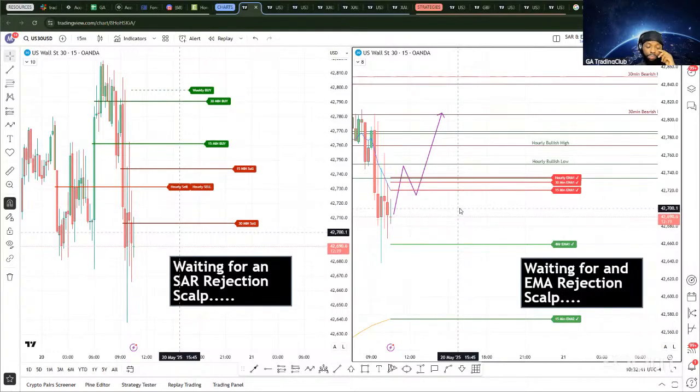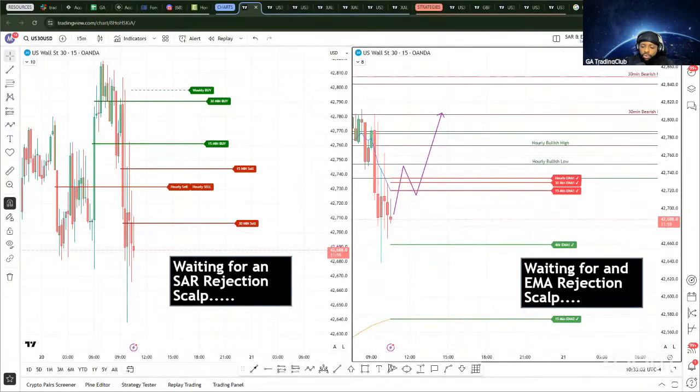But if we keep staying below these EMAs, then there really isn't anything to do. All right, so we'll just kind of wait for this.